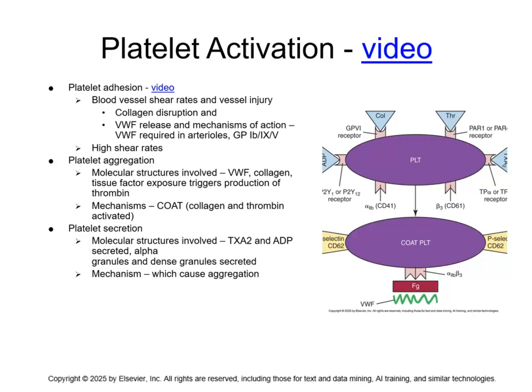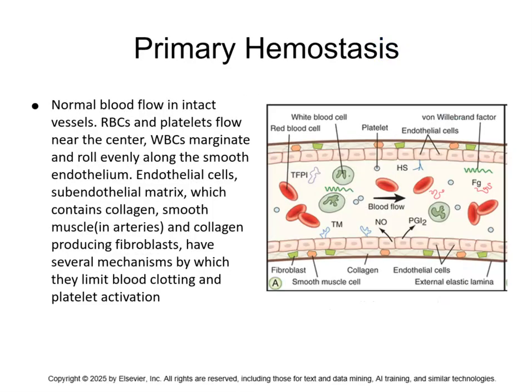Because when the adhesion occurs, secretion happens, and when the secretion comes, that's what allows the aggregation. So the secretion is from the alpha and dense granules. That's where that thromboxane A2 and ADP are being secreted, which allows for aggregation. And then it comes to a stopping point, which is pretty amazing. So you can see some of the receptors there.